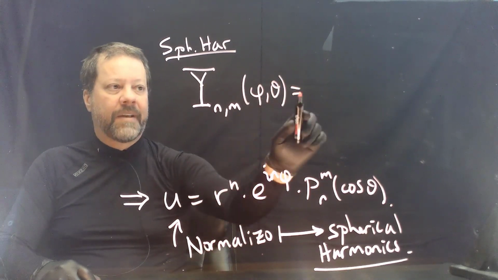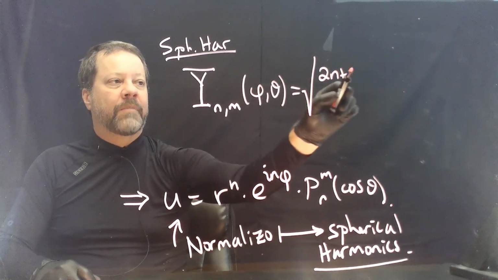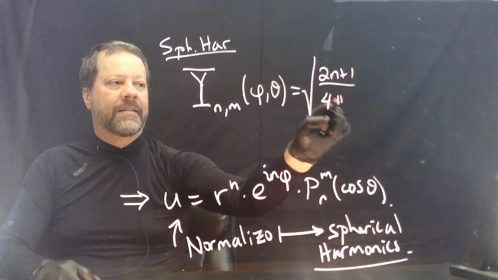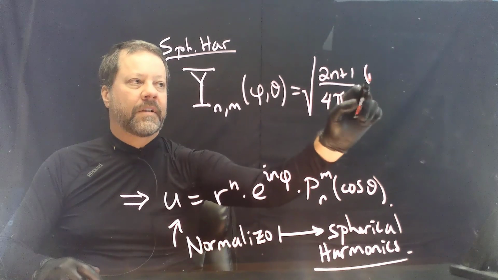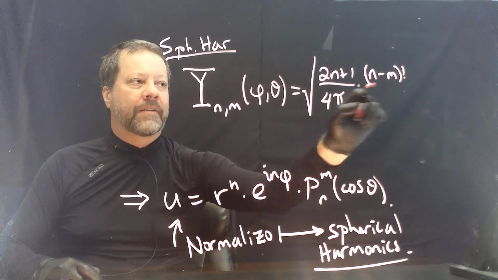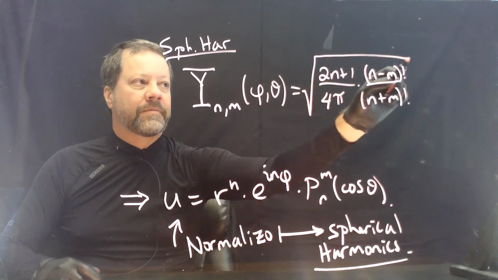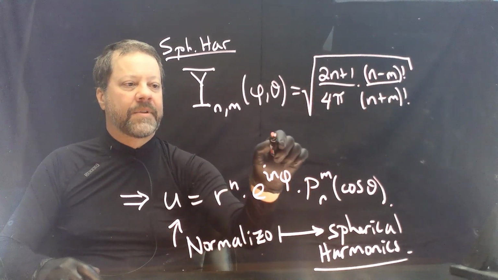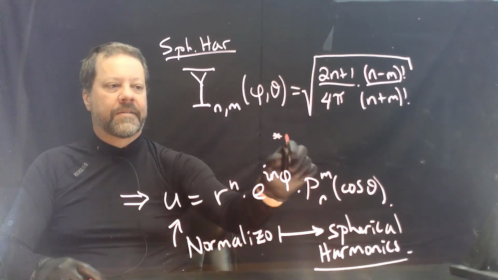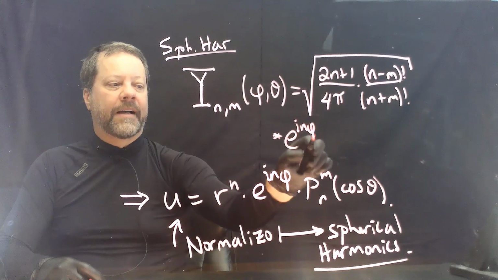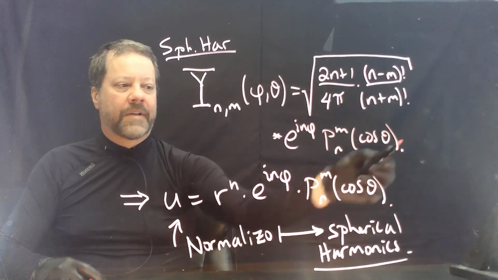And these are going to be led off by a factor of the square root of 2n plus 1 over 4 pi times the fraction n minus m factorial over n plus m factorial times the rest of this, e to the i m phi P n m of cosine theta.